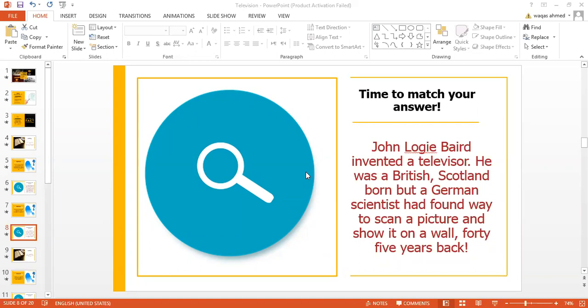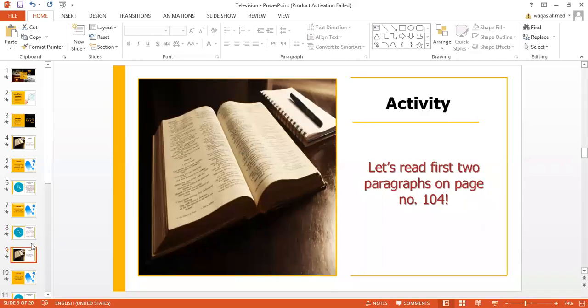Like in today's modern era, there are projectors, as you have seen in the school, and projectors show pictures and videos on the wall. The first person who invented a projector, we call that person John Logie Baird, 45 years back. So let's move towards the next activity.